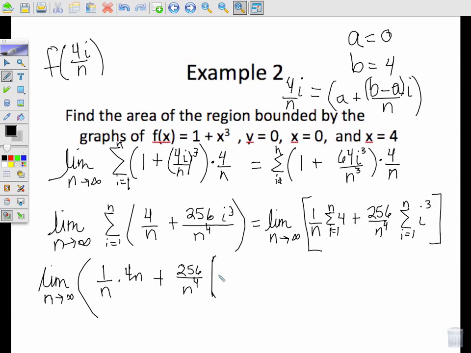And I have to multiply that by the power of 3 here on my i. And then again, I want you to use the expanded version of that. That's n to the 4th plus 2n to the 3rd plus n squared, all over 4.